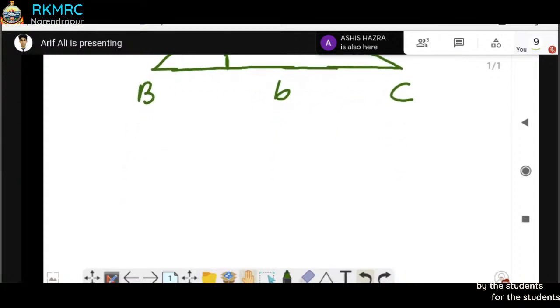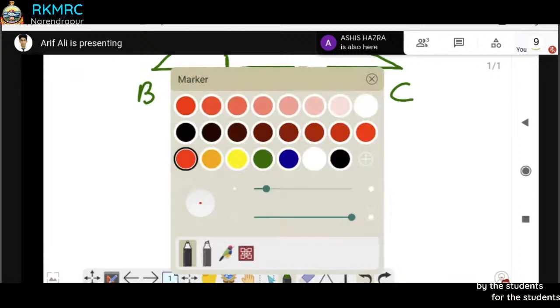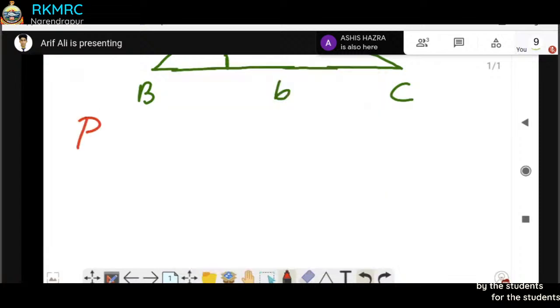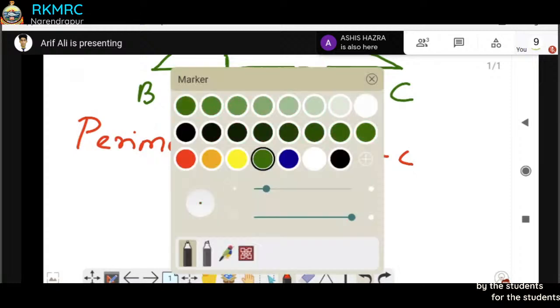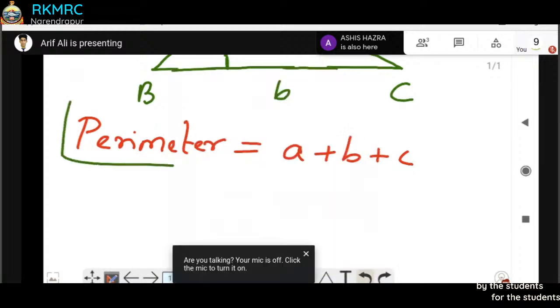So if you are asked to calculate perimeter, what will be the perimeter? A plus B plus C. Since we know that all the sides are different, that's why A plus B plus C. So this is your perimeter.